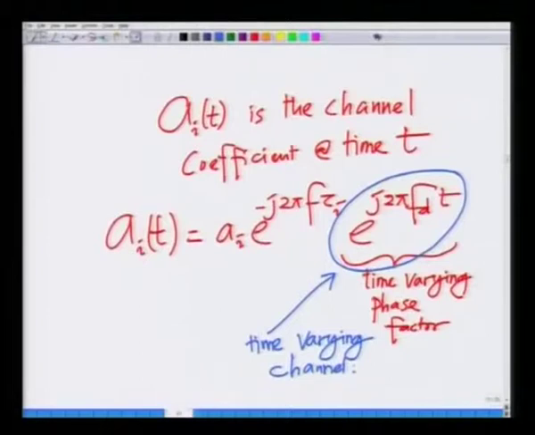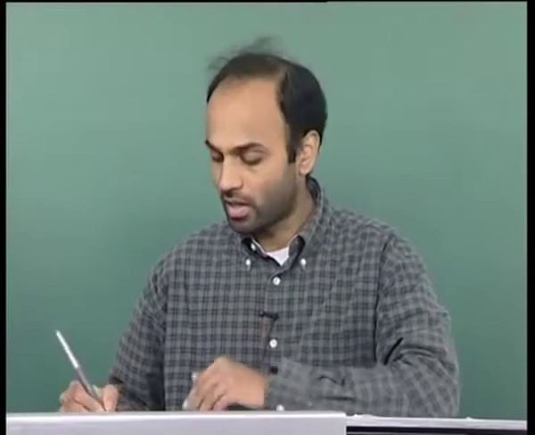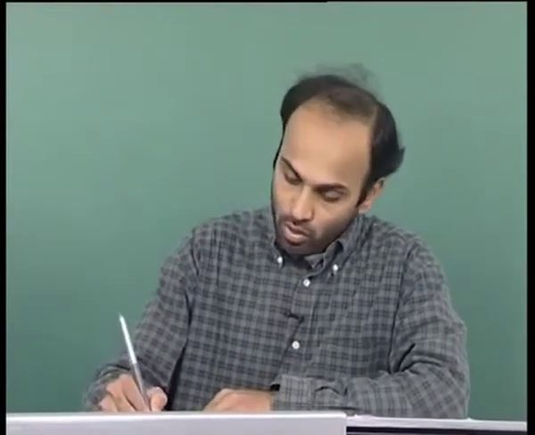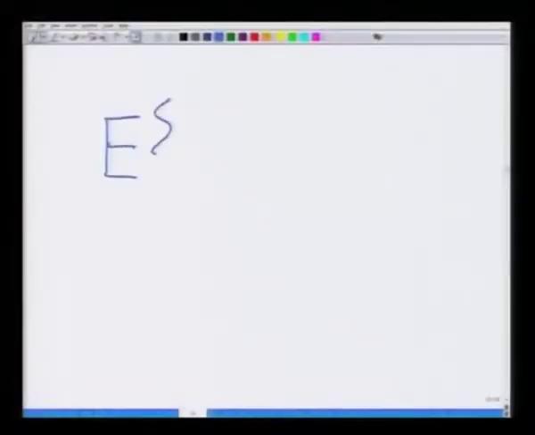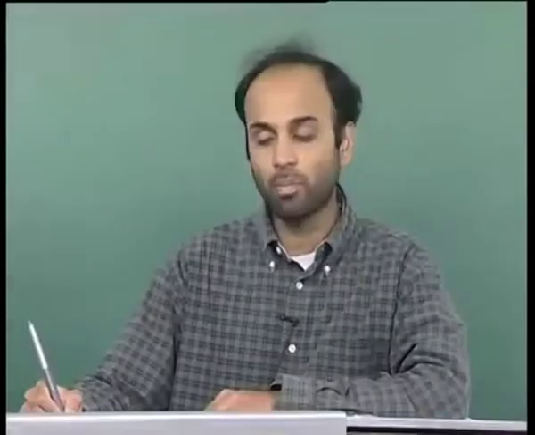All right. Now, what I want to compute is the time correlation of this channel as follows. I will compute the quantity expected value of a_i(t) times a_i conjugate(t plus delta t). That is, at a given time I am looking at the channel coefficient of the ith path.